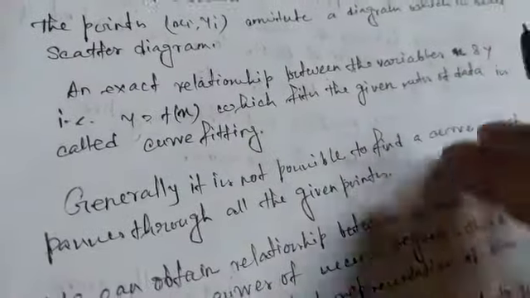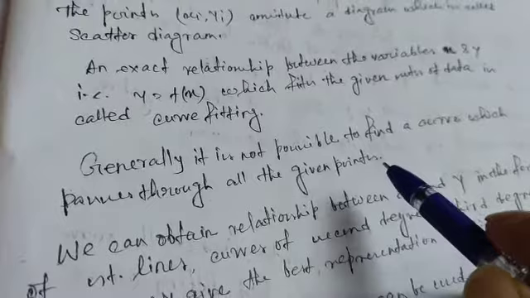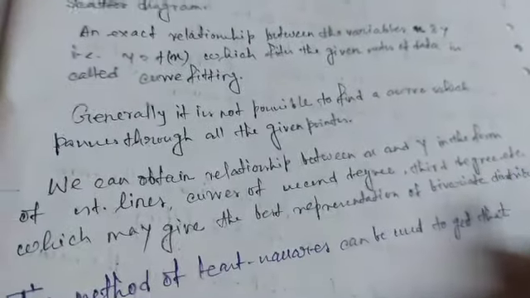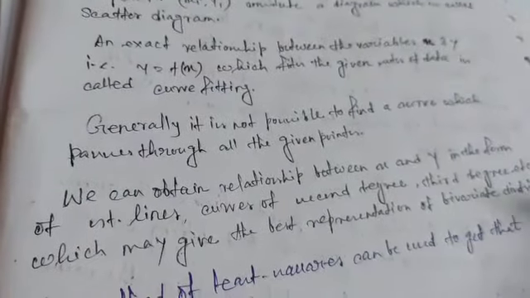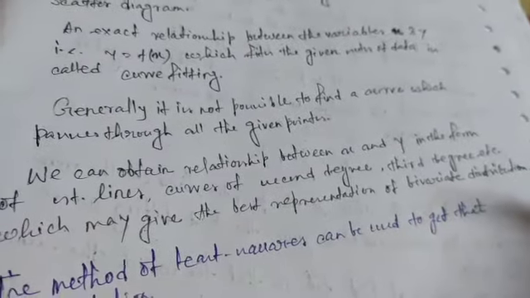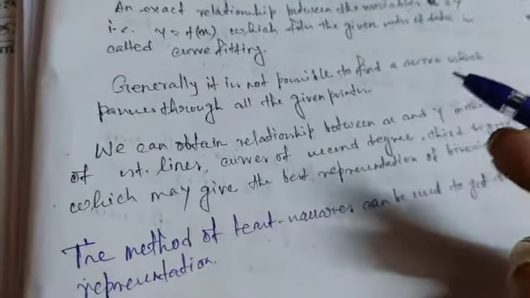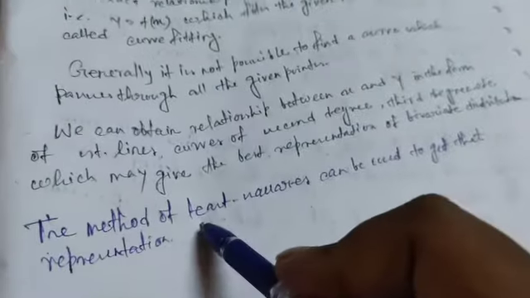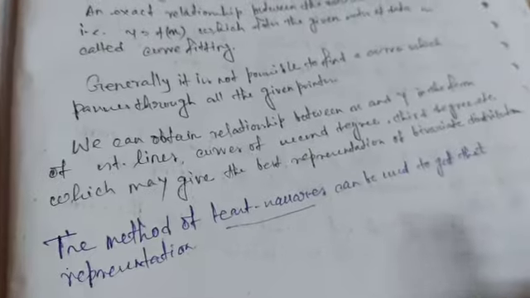Generally it is not possible to find a curve which passes through all the given points, and we can obtain the relationship between x and y in the form of straight lines, curves of second degree, third degree, which may give the best representation of the bivariate distribution. For a given set of pairs of data, we can use the method of least squares to get that representation.